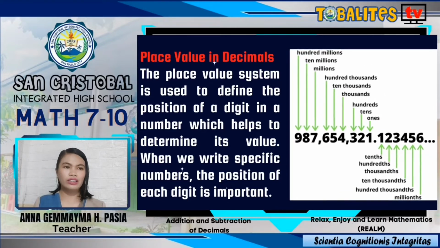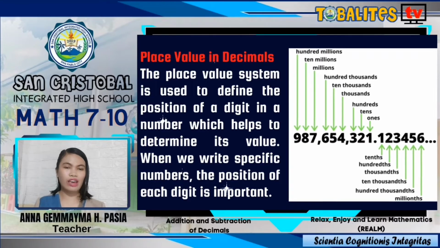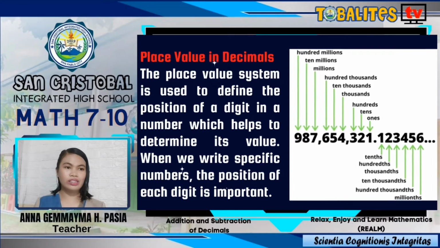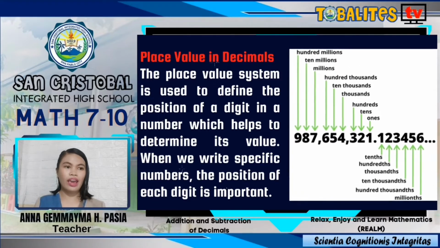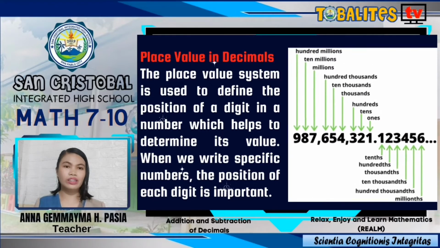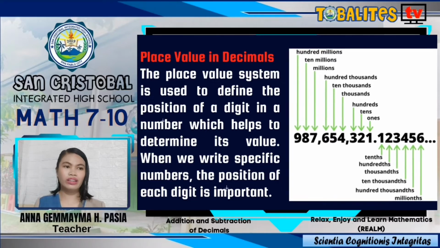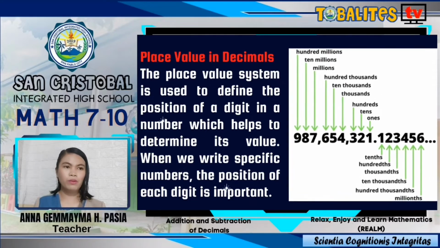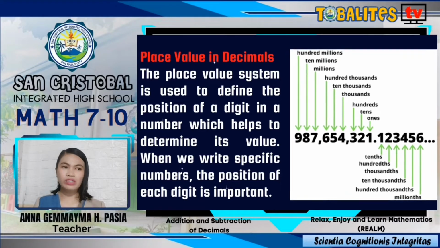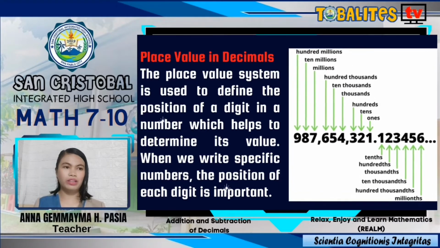We have 987,654,321 and 123,456 millionths. Number 9, its place value is 100 millions.